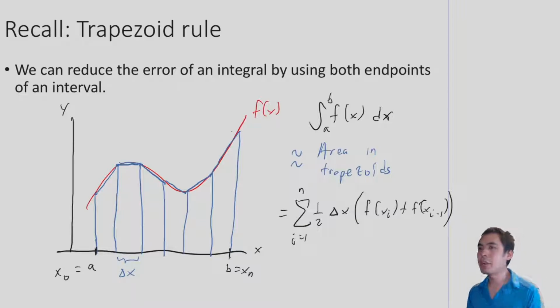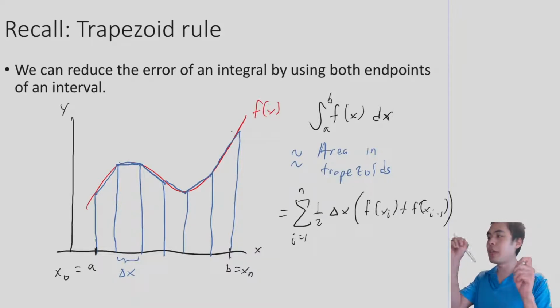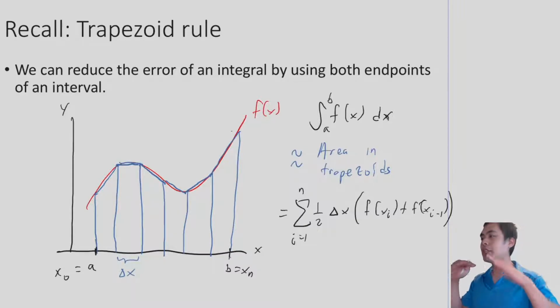Okay, so hopefully you guys remember the trapezoid rule. Basically, you can sort of think of this as a better approximation of the slope of the function by using these two endpoints. So by using both of the endpoints, you get a better approximation of the space as the function changes.